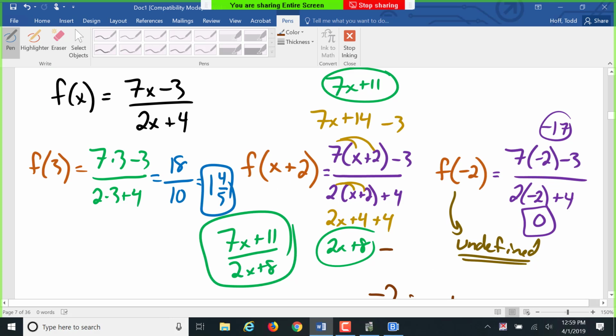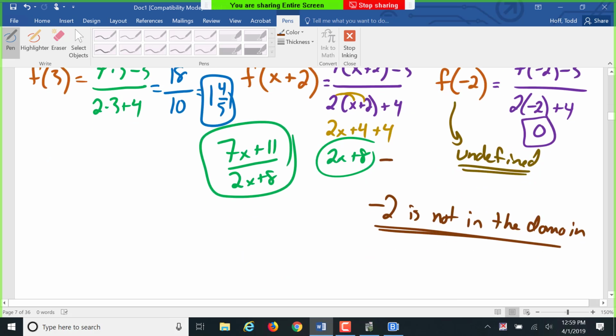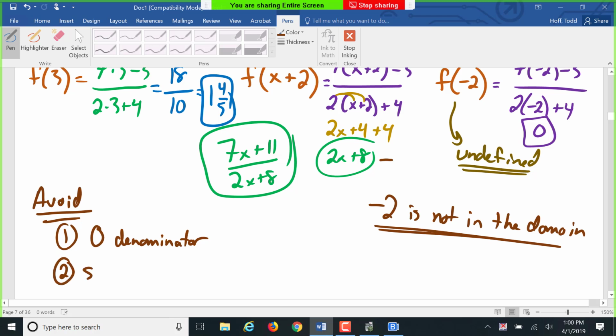If we look at this original function, f of x equals (7x minus 3) over (2x plus 4), recall that there are two things we have to avoid. One is 0 denominators. And the other is square roots of negatives.